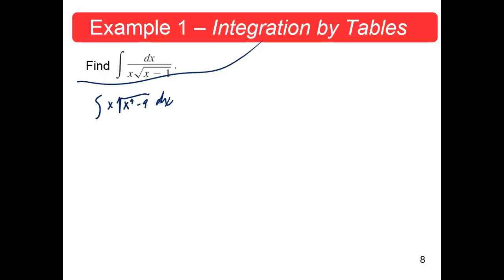If that had been a square there, substitution would be pretty easy, right? It's not. So, without much else that I can think of doing, let's head to the tables and see what we can get there.